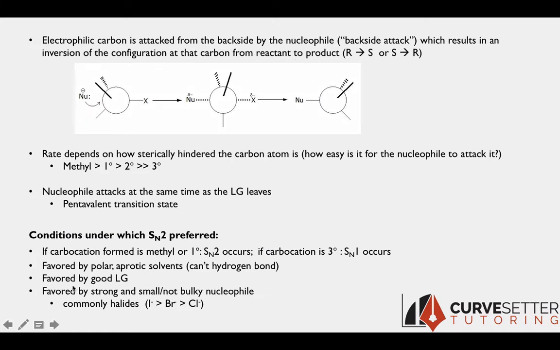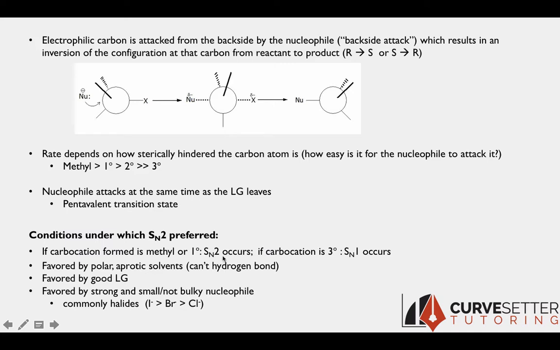So let's talk about conditions that favor SN2 over SN1. For this first bullet here, I want to make a clarification. We know that there is no carbocation formed in SN2, but if you can imagine one forming from the leaving group leaving, then if that carbocation is methyl or primary, meaning the carbon is bound to a leaving group and either 3 hydrogens or 2 hydrogens and 1 alkyl group, then SN2 will occur, because the carbocation that would form if SN1 occurred is far too unstable.